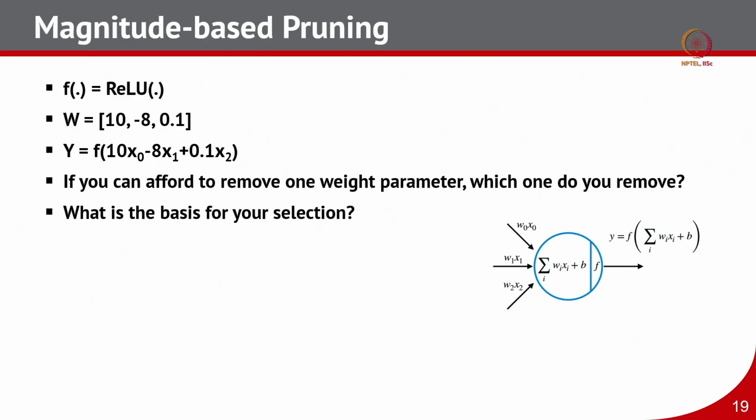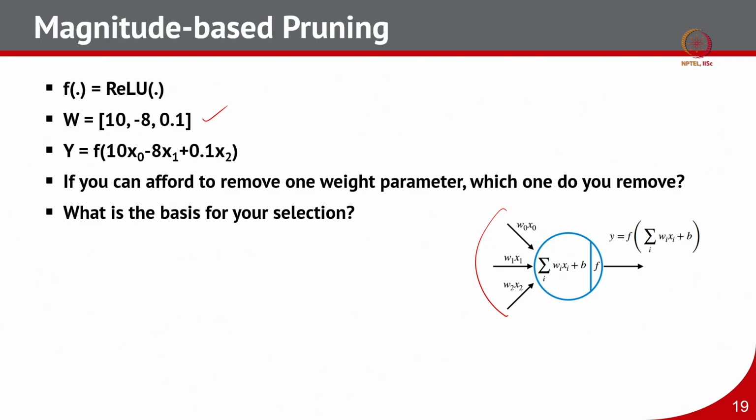Now let us take a few examples of DNN pruning. The first one is magnitude based pruning. Let us say we just have one perceptron where 3 weights are coming in. The weights are 10, minus 8 and 0.1.